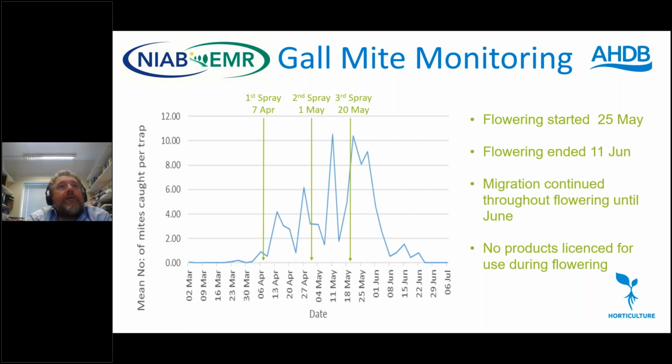We sprayed our 5% targeted spray on the 7th of April, then our spray targeted at the 50% point in the migration on the 1st of May, and our 3rd spray targeted at the 95% point in the migration on the 20th of May. Flowering started on the 25th of May and ended on the 11th of June. And as you can see, the migration continued throughout that period, which leads to more problems because there is nothing we can use on gall mite which is licensed for use during flowering.